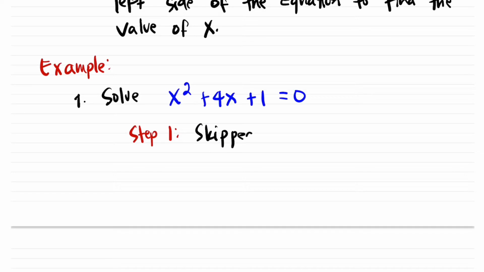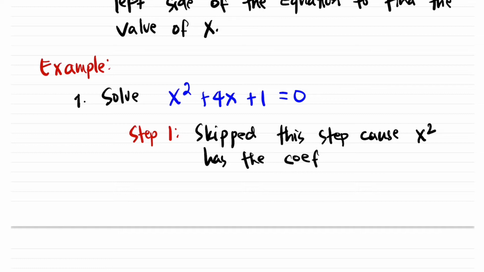Alright, skip this step because x squared has the coefficient of 1. Okay, next we proceed to step 2. Step 2, move the number term, or the third term, to the right side.